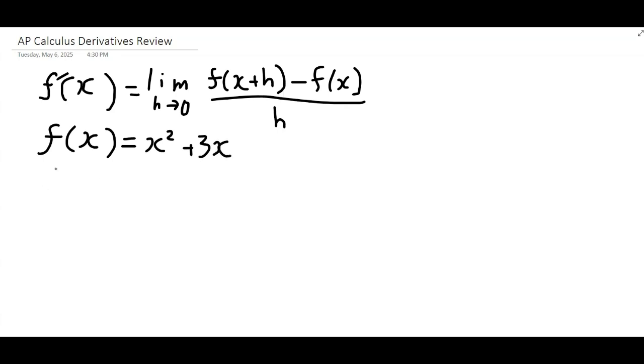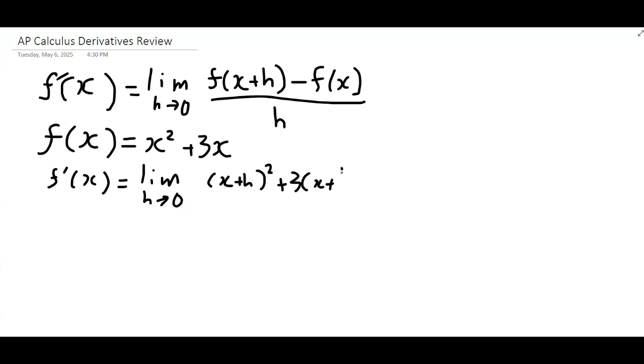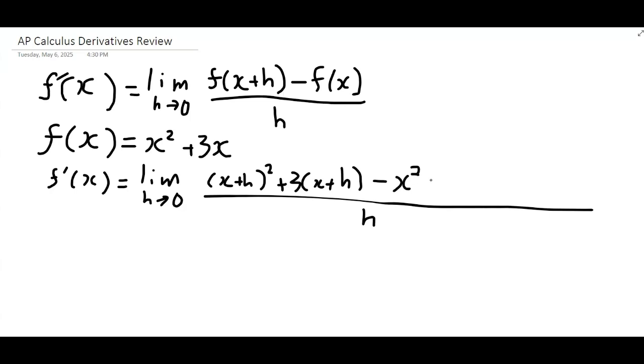So f prime of x is equal to, I'll say, the limit as h approaches 0 of (x plus h) all squared, plus 3 times (x plus h), and then let me just put that h here, minus (x squared plus 3x). I'll go ahead and solve that right now.